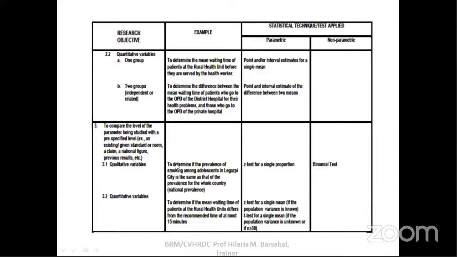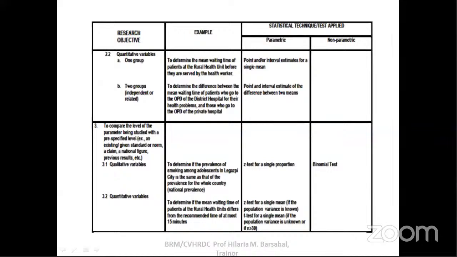Another is, all right, if you gather a quantitative variable and you want to determine the mean waiting time. For example, this is your objective. The mean waiting time of patients at the rural health units differ from the recommended time of at most 15 minutes.